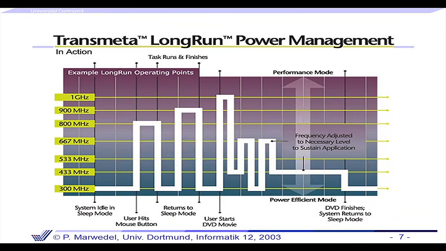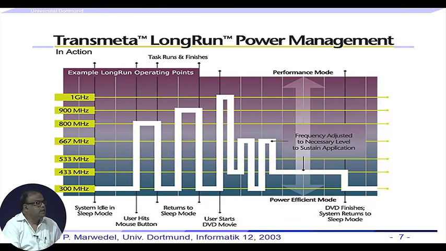So, accordingly you can adapt your policies and do that, right. Here is another example to illustrate this. That is a processor, and for a particular benchmark, if we look at the power, initially we are running it at 300 megahertz.